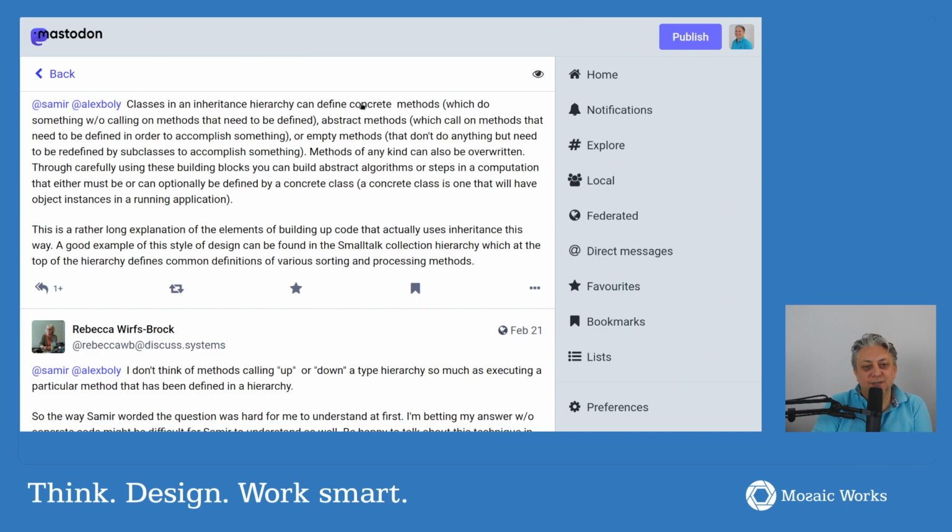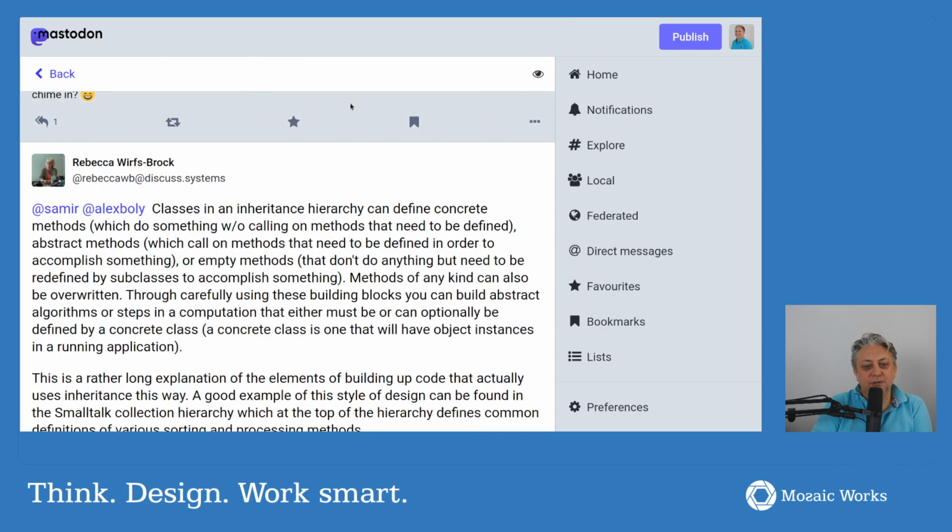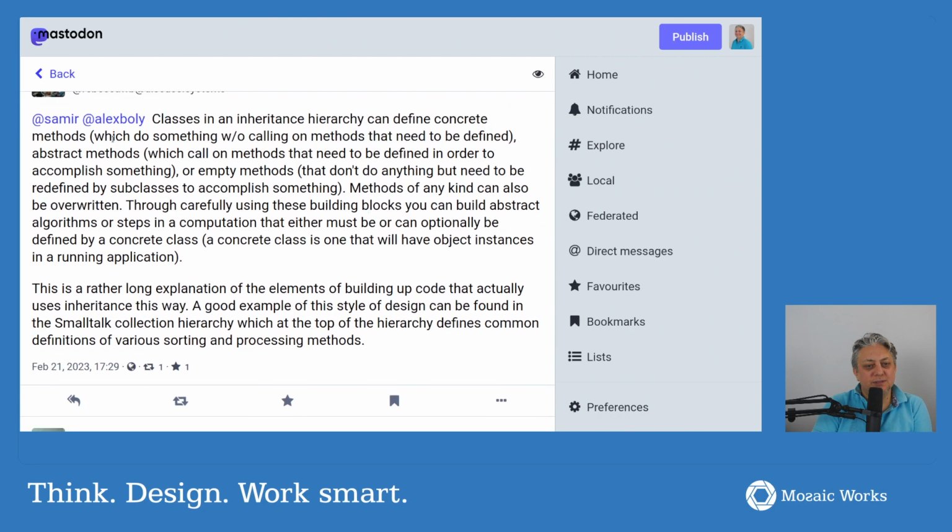And so she's talking about concrete methods, so methods that can do something, abstract methods, or empty methods, and then how you override each of them. So this is one part of it, which are the building blocks.